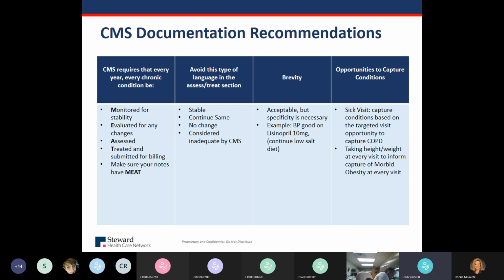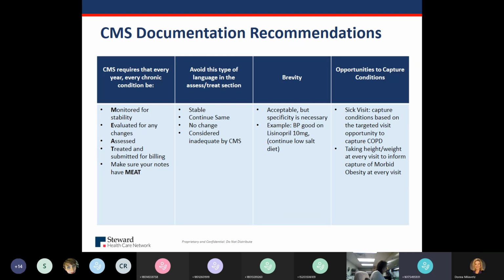So CMS, and actually I will say all payers really at this point, require that every chronic condition be monitored, evaluated, assessed, and treated, and providers know that. In medical school, make sure your notes have MEAT. Providers really should avoid language like "continue same" or "no change," which are considered inadequate.